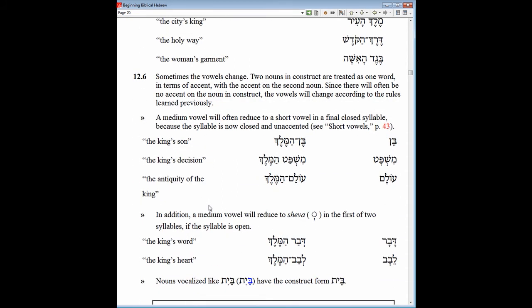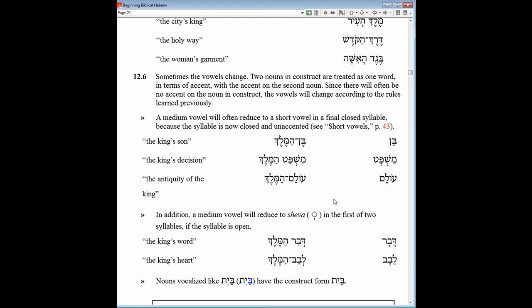There will be changes, though, and here you want to take note. Okay, one way the construct is marked is a vowel change. So we've got ben with tsere, and then ben with segol, ben hamelech. Who cares about the vowel change? Why? Because I have two nouns in juxtaposition.